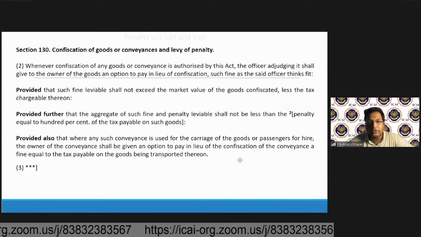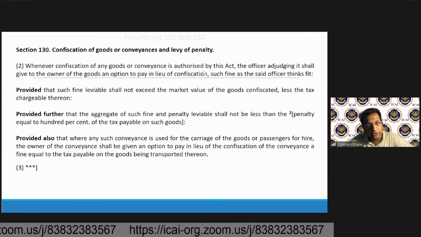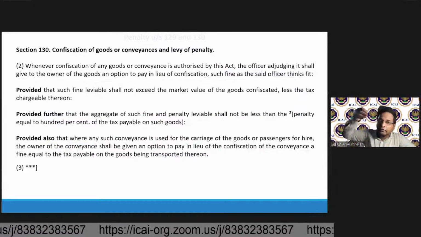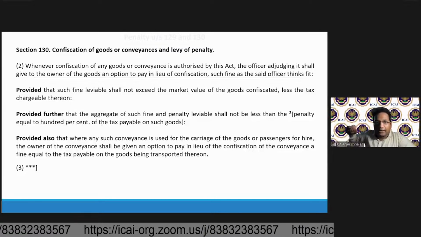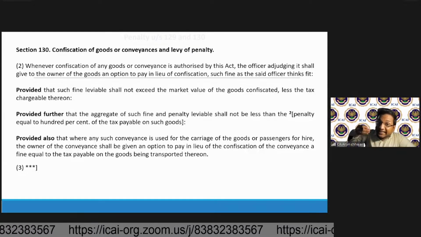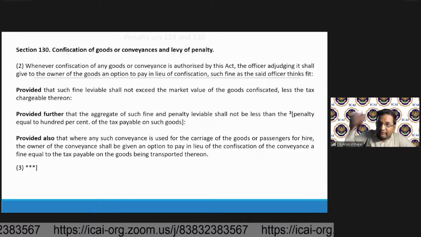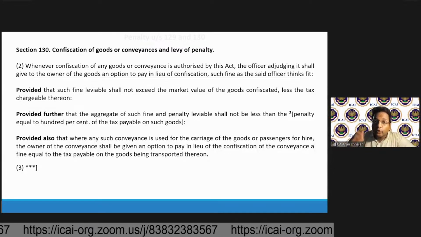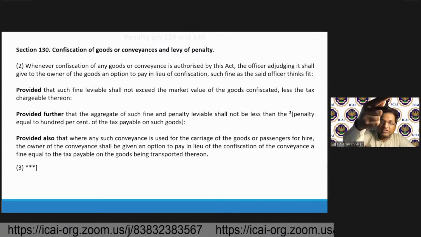Whenever confiscation of goods is authorized, there is a concept of redemption fine. What is the redemption fine? Once the goods are confiscated by the department, when they sell those goods or conveyance, they will give the first opportunity to buy them to the previous owner.